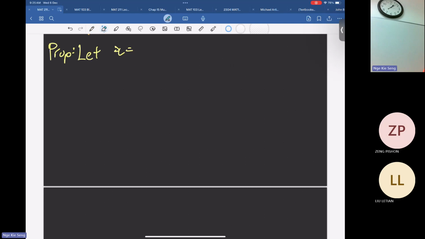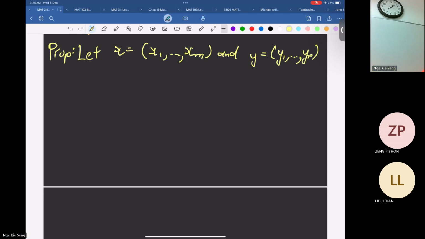Let's say we have a bunch of variable x and a bunch of variable y. Okay, let's pick two sets of variables. The claim is there's an isomorphism.